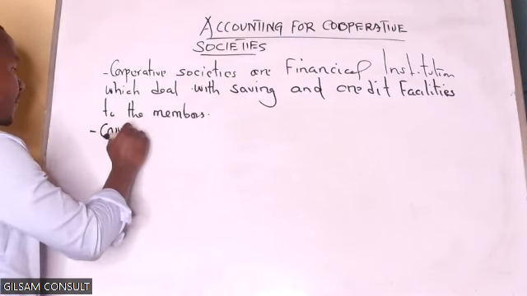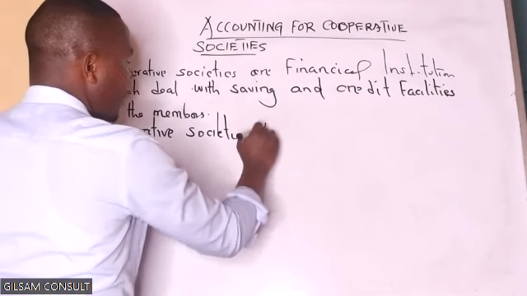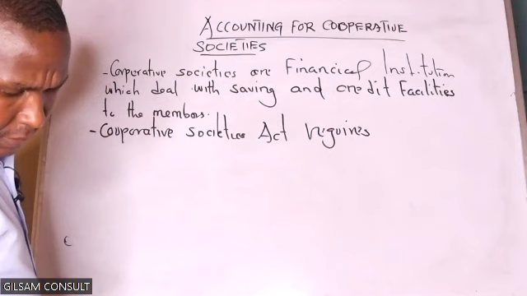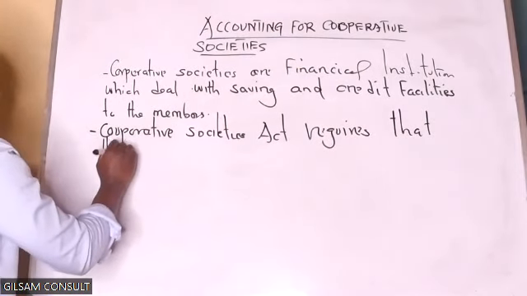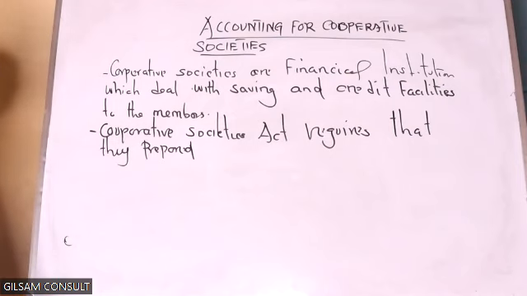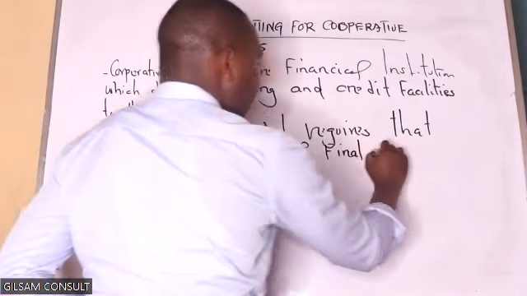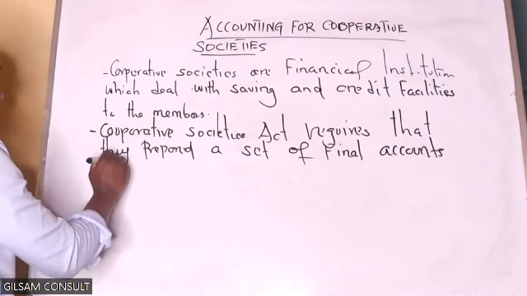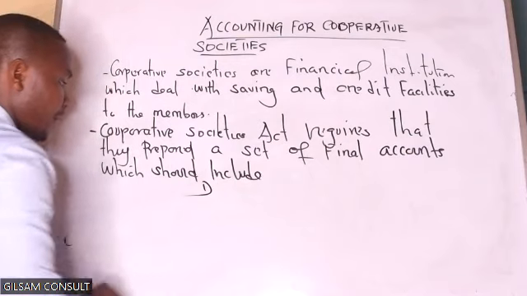The Cooperative Societies Act requires that they prepare a set of final accounts, which should include number one, income statement.